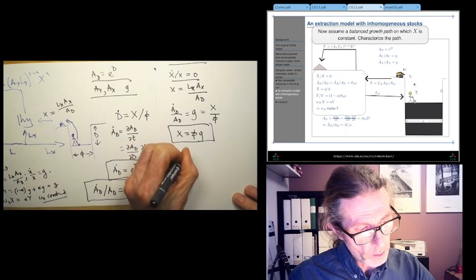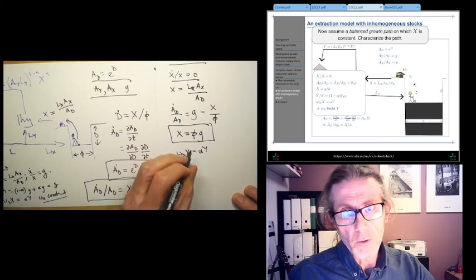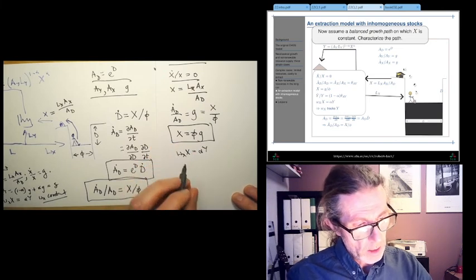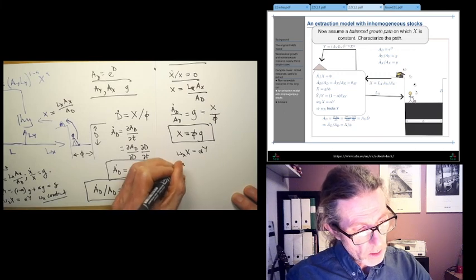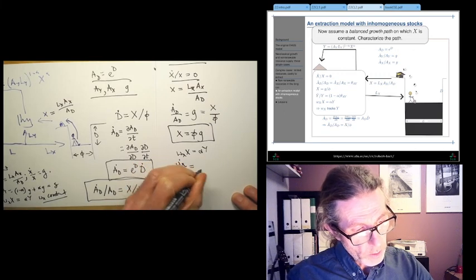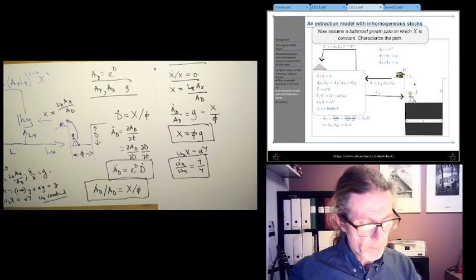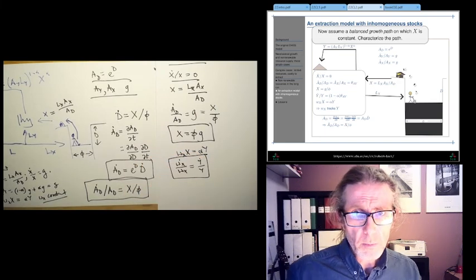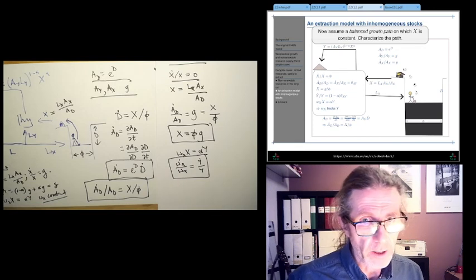Because remember, we've still got WX X equals alpha Y. Now X is constant, Y is growing. So WX dot over WX is Y dot over Y, yeah? So we've characterized the path.